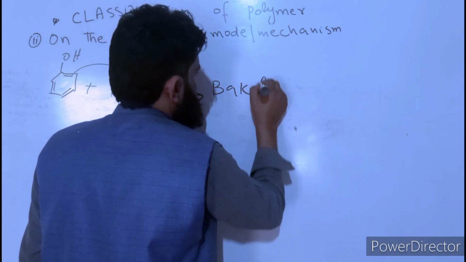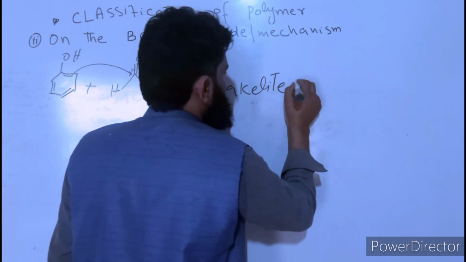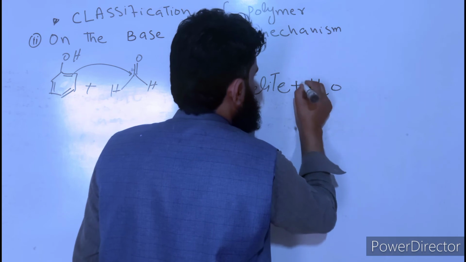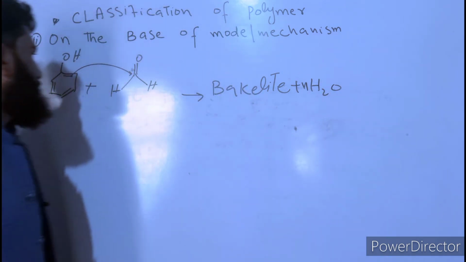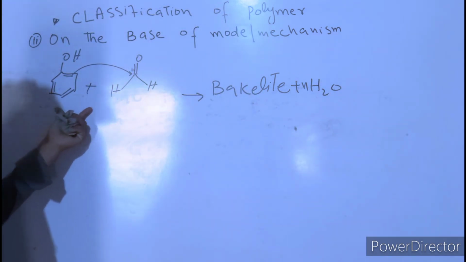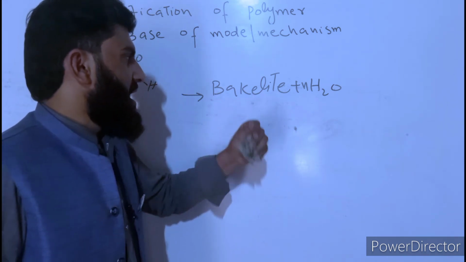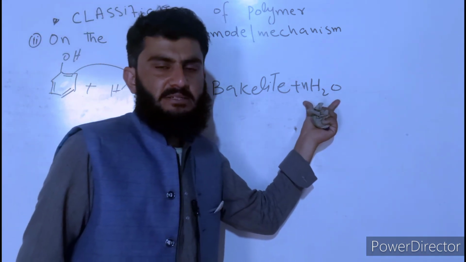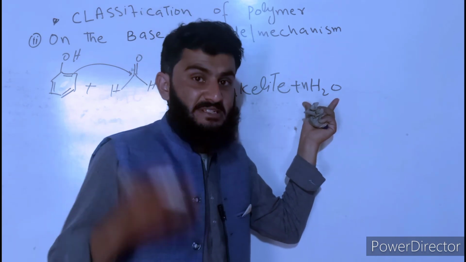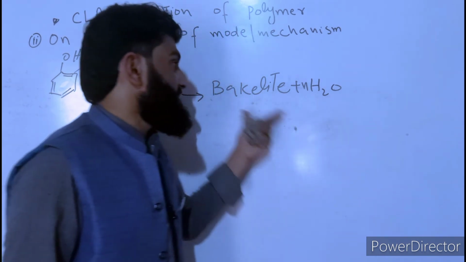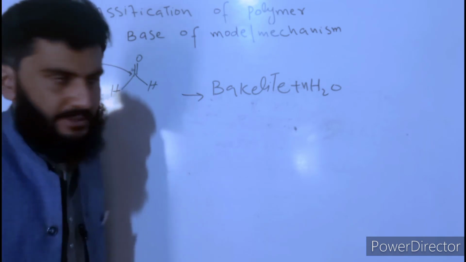We will discuss their structure and cross-linking also, and n molecules of H2O are formed. So you know that this is a condensation process, this is a polymer, clear, and this is a side product or small molecule which is released during the formation of this polymer.